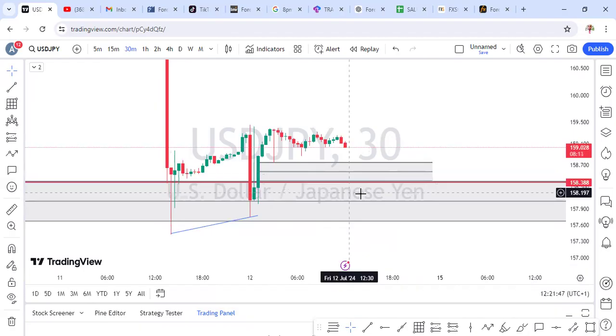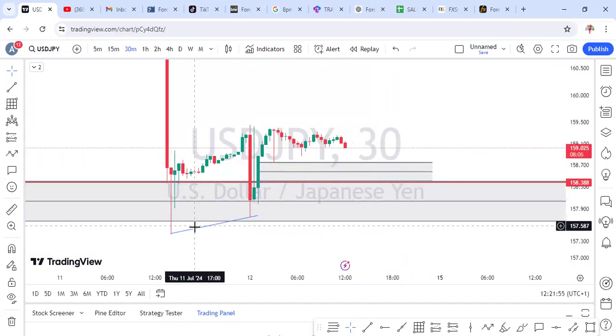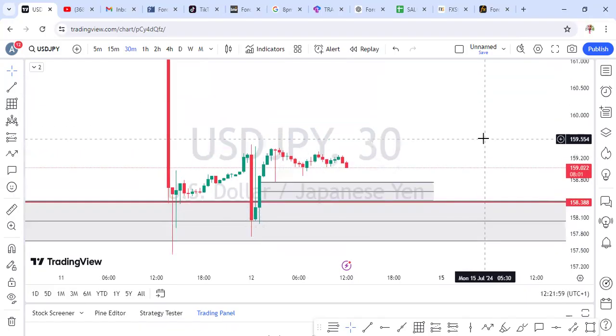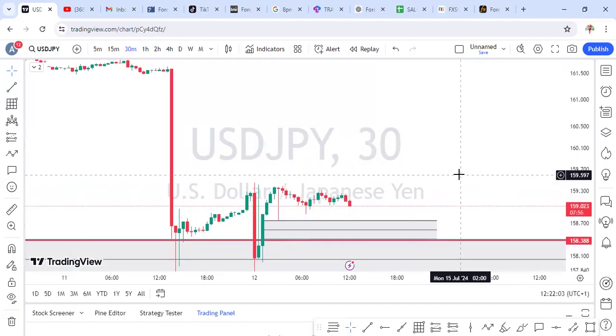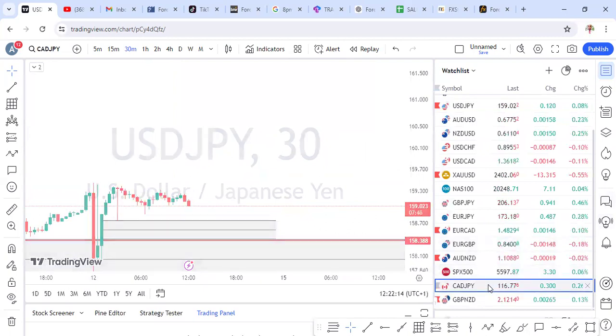Rather, price may react around here. Even if the news is negative and pushes price, it will be an opportunity for us to buy UJ, because the news will just shake the market for some minutes and the market will balance back again. So this is a very good setup to watch out for as the news is coming. Another one, let's see GBPJPY, which is another interesting one.